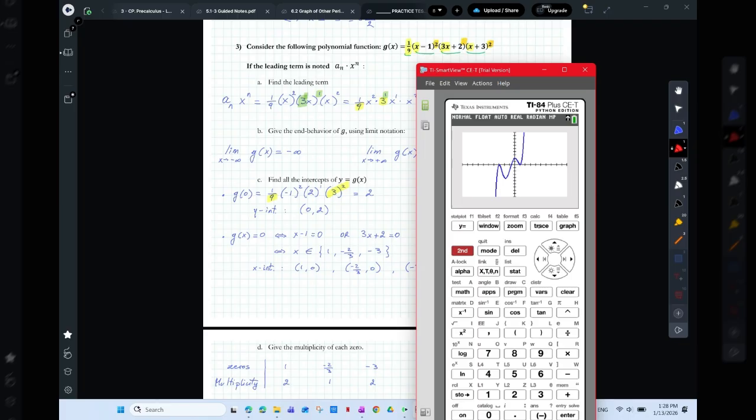Second trace, I want to find the minimum, so I'm going to type 3. Left bound, so I'm going to go to the left of this minimum, press enter to validate. To the right, press enter, and somewhere in between, and I will have negative 1.7, negative 4.26.